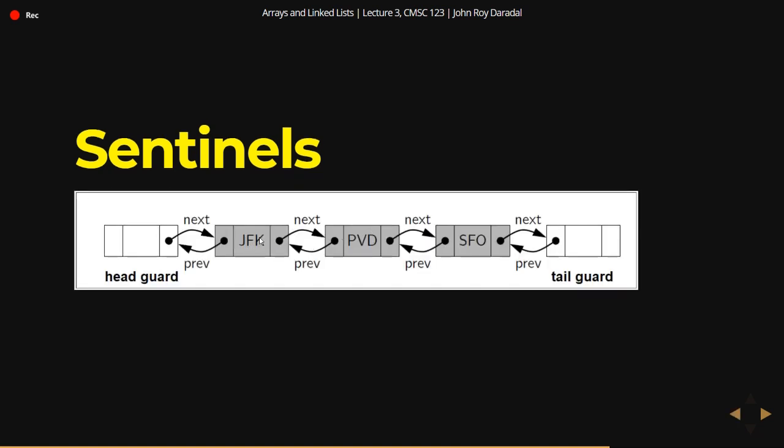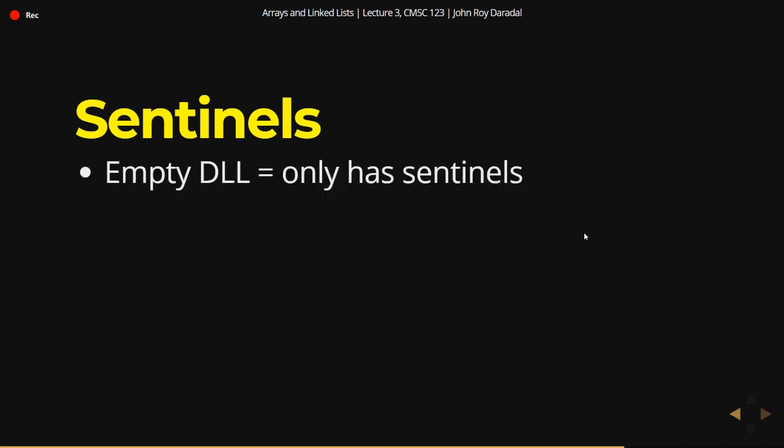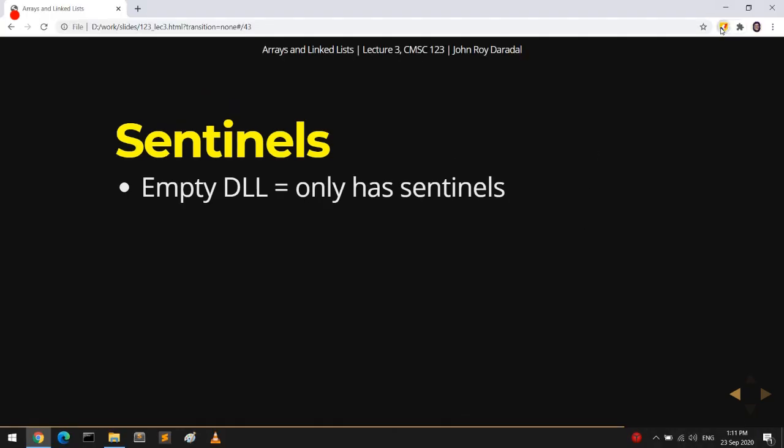If your DLL has 3 items, you have 2 extra nodes, the head guard and the tail guard, which don't store anything. So if you have an empty DLL, it will only have the sentinels. An empty DLL will only have the head guard and the tail guard. So it would look something like this.